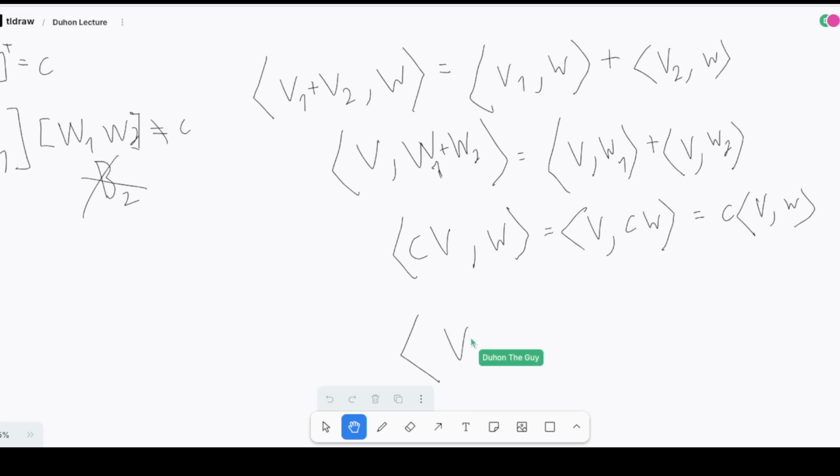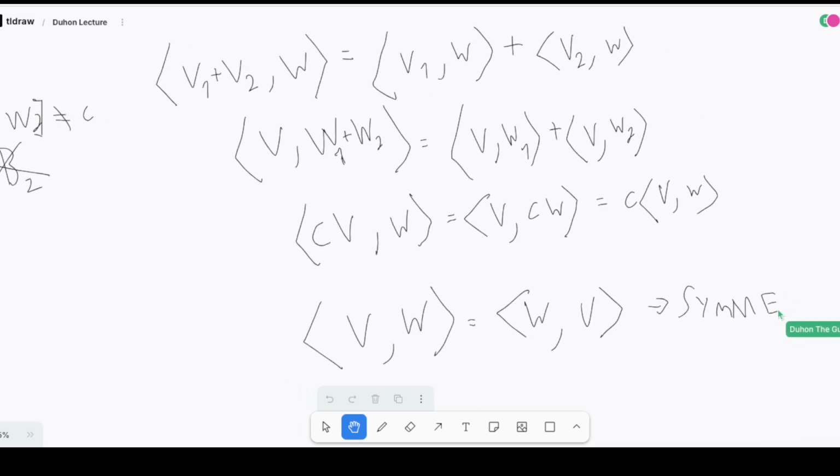If you have that V W is going to be equal to WV, that is not true all the time, and that means that this guy is, oh god, it attacks again. I need to exit pen mode and go here. Then I need to go back. Symmetric.